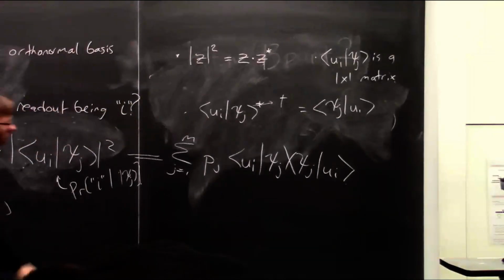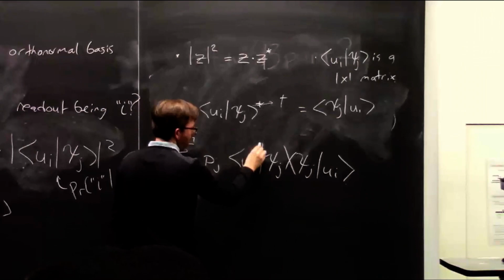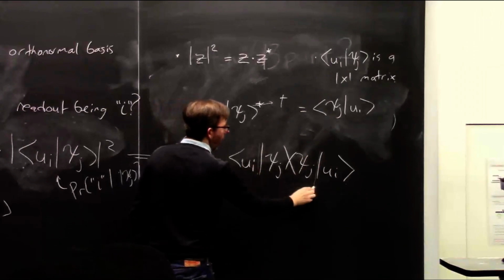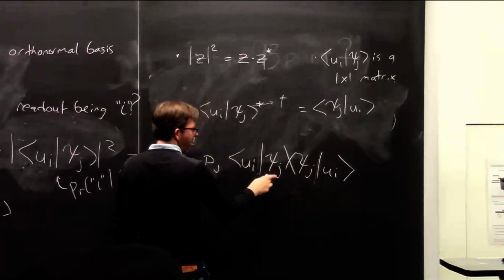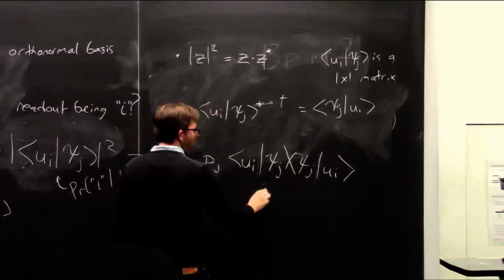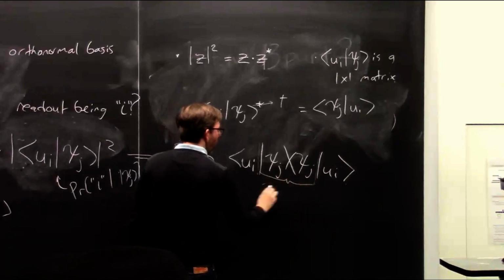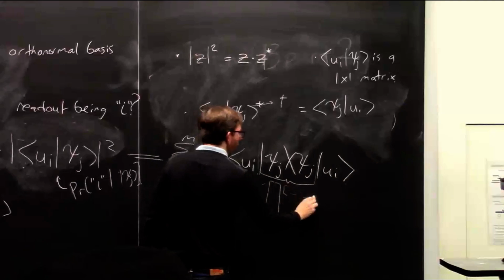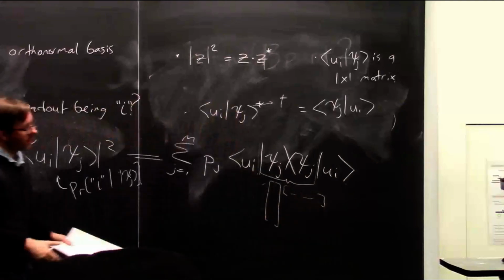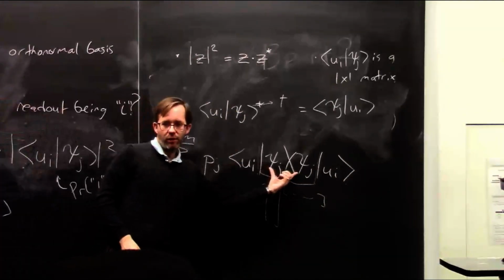And what's going on here? Really, this is a row vector. This is a column vector. And this is like a column vector times a row vector. So the picture of this internal piece looks like this. It's a column vector times a row vector. So it's actually a matrix, these two pieces in the middle. It's a d by d matrix.